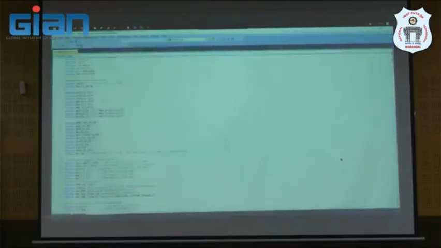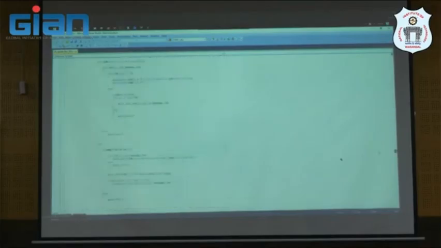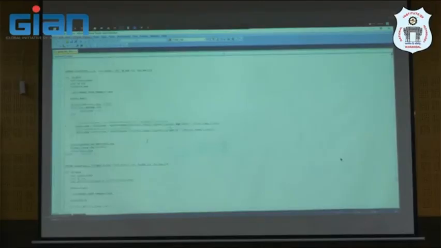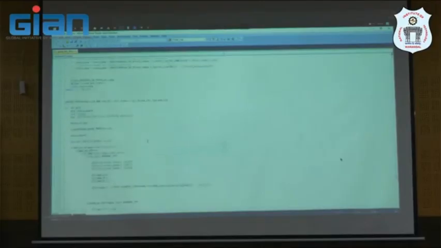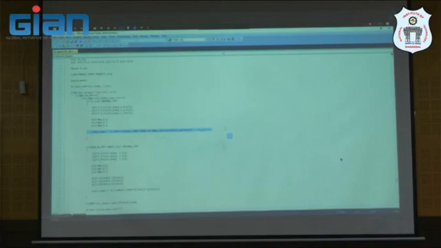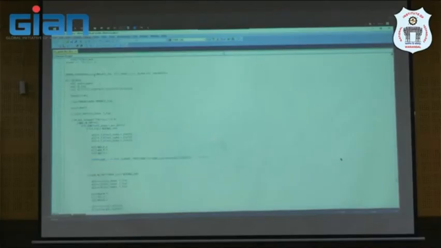And here is the code. The most important part is this. In this part, we apply this force. We call it the thermoelectromagnetic force, and we use the DEFINE_SOURCE macro to add the force.